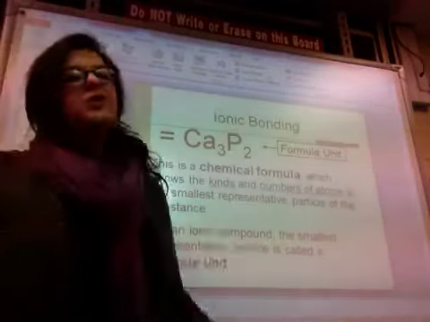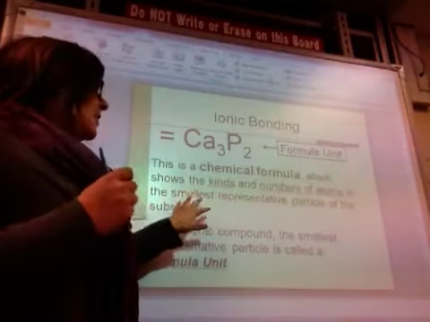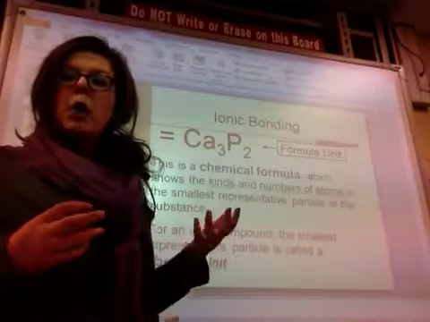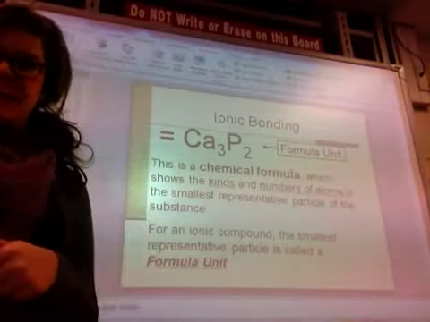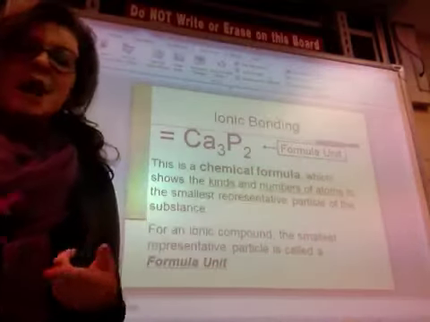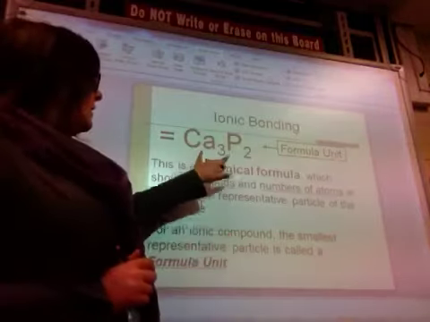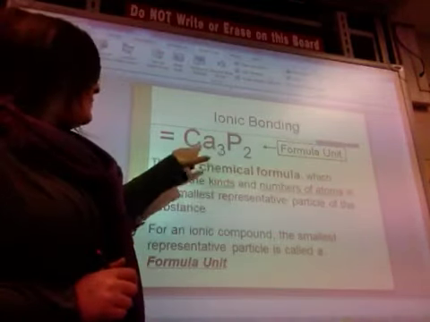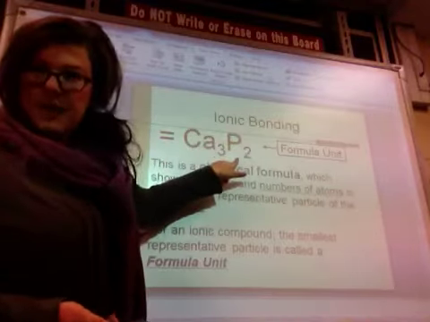Also, just very quickly, which you already know, so I kind of skipped over it, a chemical formula is just something that can show what elements are present and how many of those elements are present. So a chemical formula can tell us the kinds of elements and also how many. In this formula, I have calcium, which is a type of element, and phosphorus, another type of element.